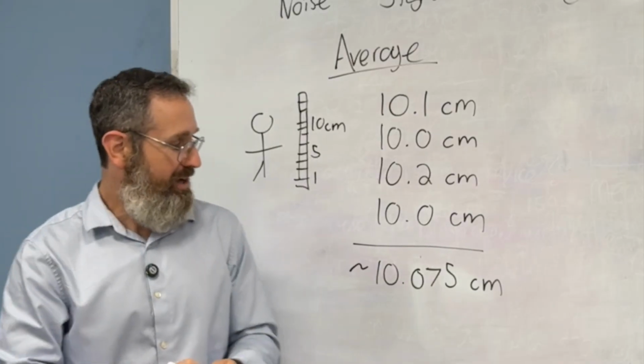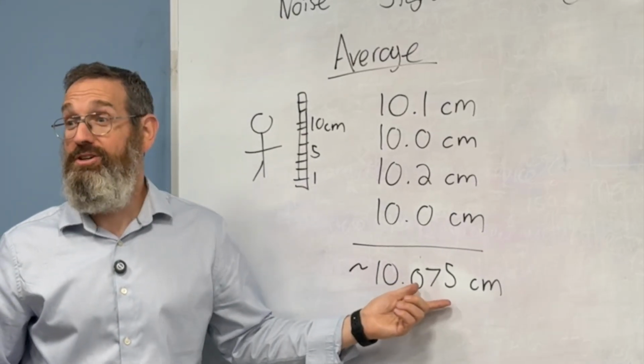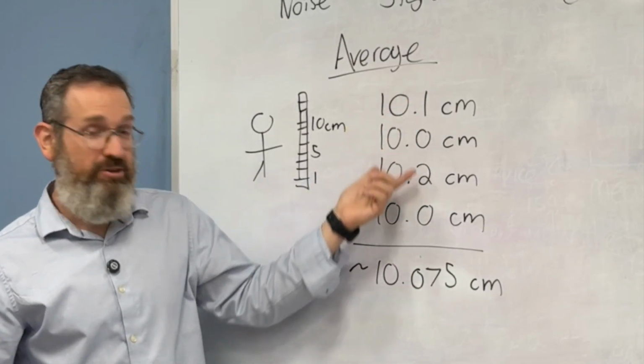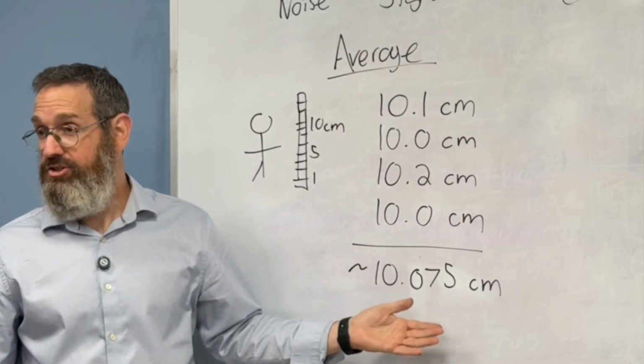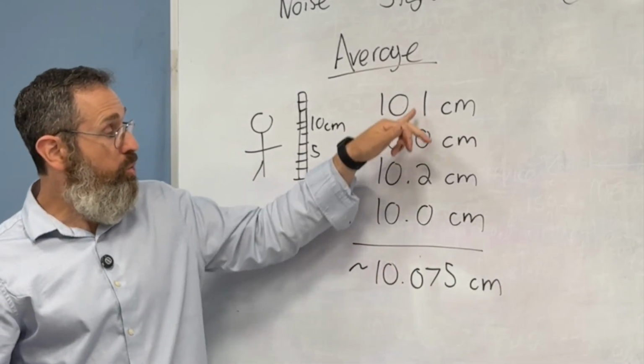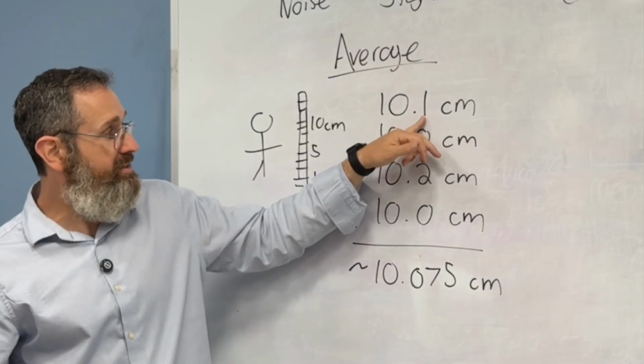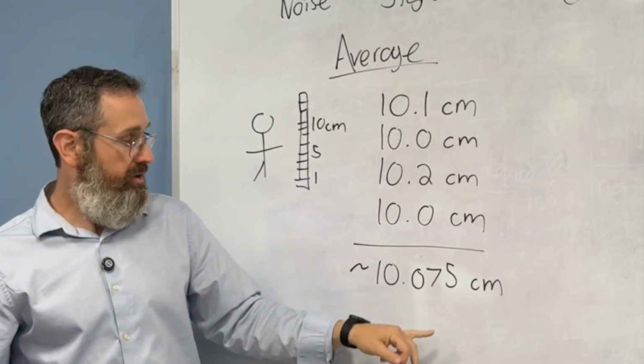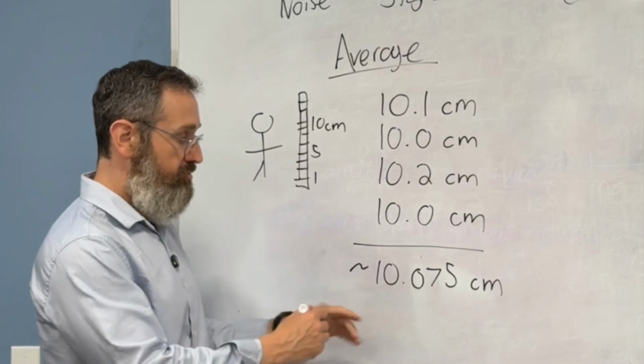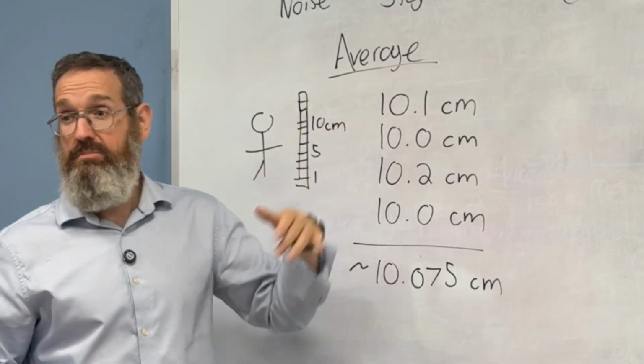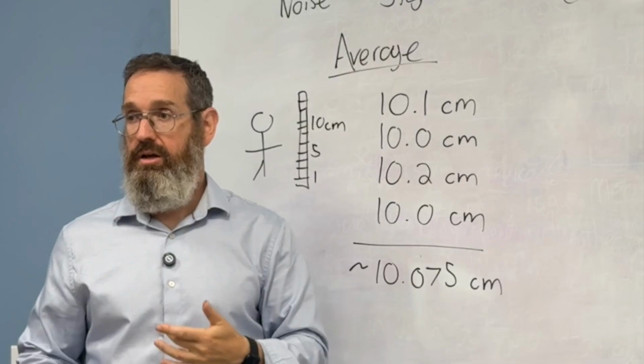I actually like that it came out that way. Notice that this has more precision than anything that we had reported before. But that's how the average came out. If I only wanted you to report it to 1 decimal point of precision, then you would round this to 10.1, and you'd say my best guess is 10.1.